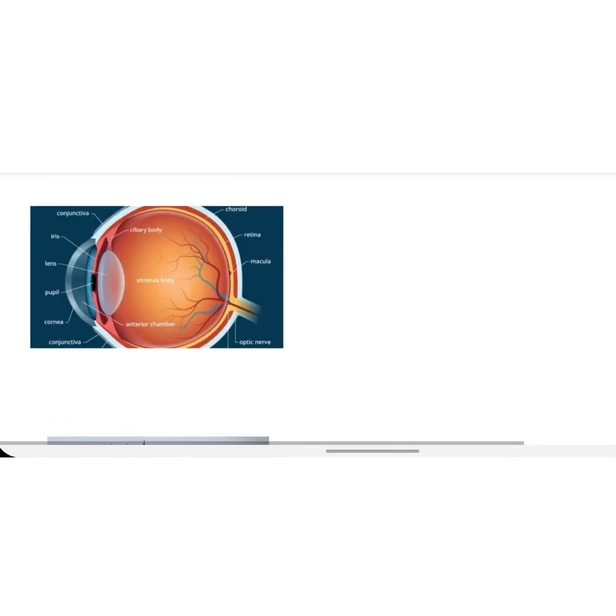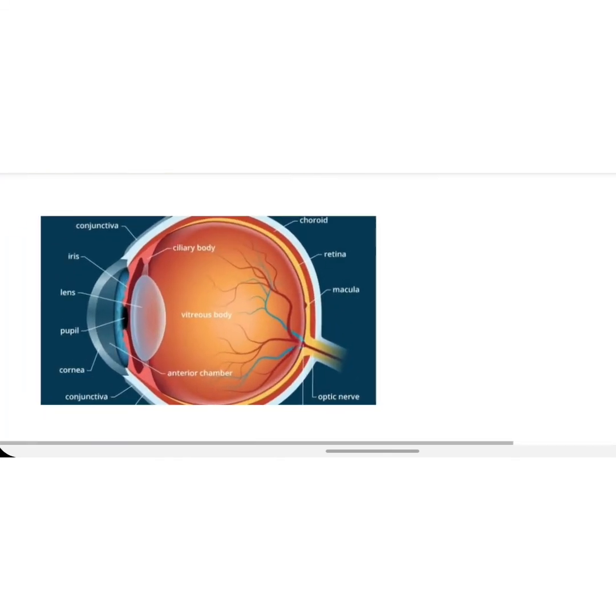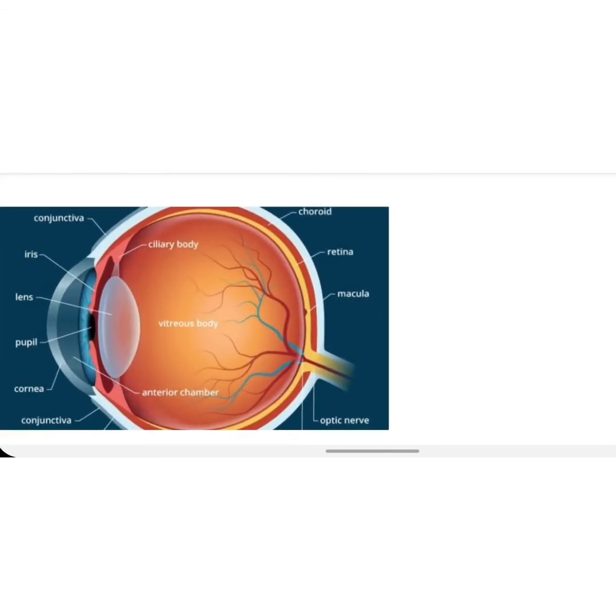Now see how it is divided. In this picture we can see the part anterior to the iris. This part is our anterior chamber and this part is our posterior chamber.